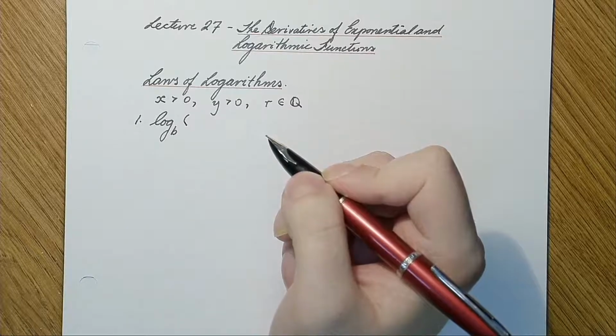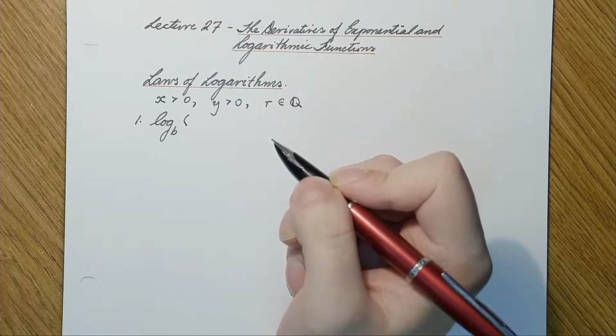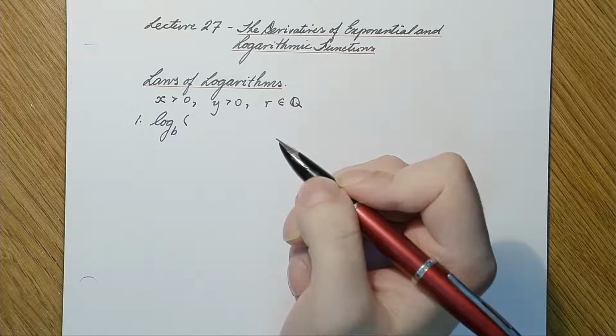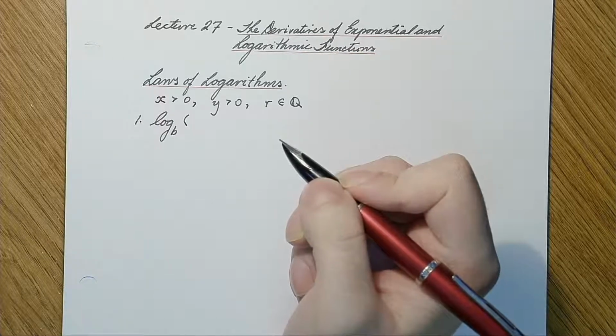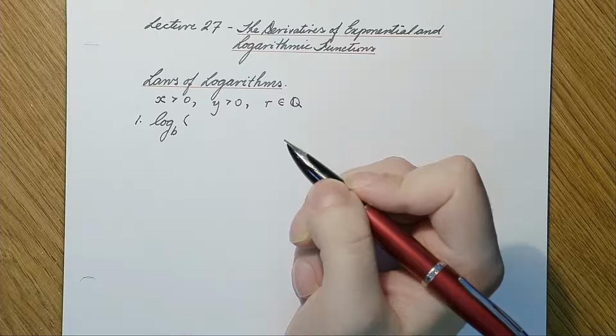For instance, light: we perceive light on a logarithmic or exponential scale, so that to perceive light at a certain level, you have to double it, and to perceive another doubling of that, you have to double it again.